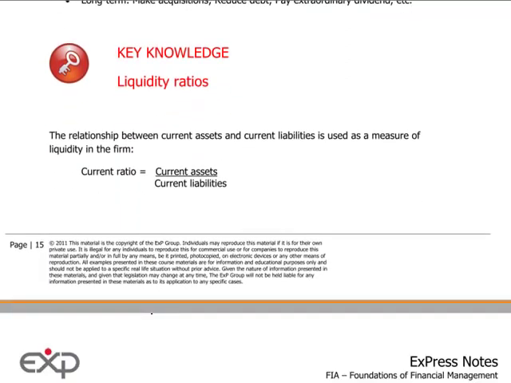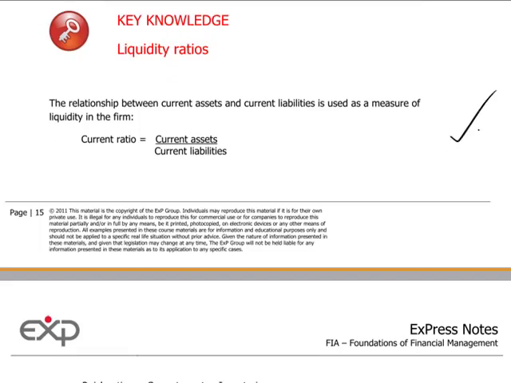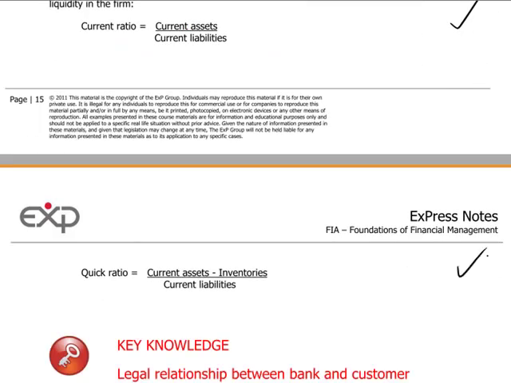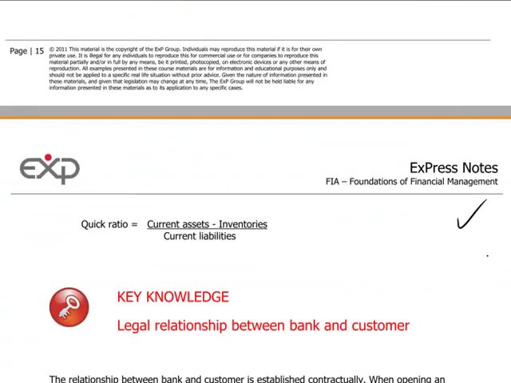Liquidity ratios: basic knowledge, and this is very basic stuff that the candidate should really know in his or her sleep. That is the current ratio and the quick ratio, as basic measures of liquidity.